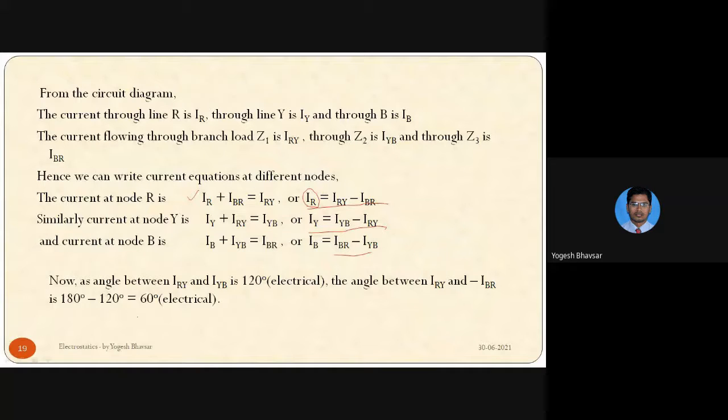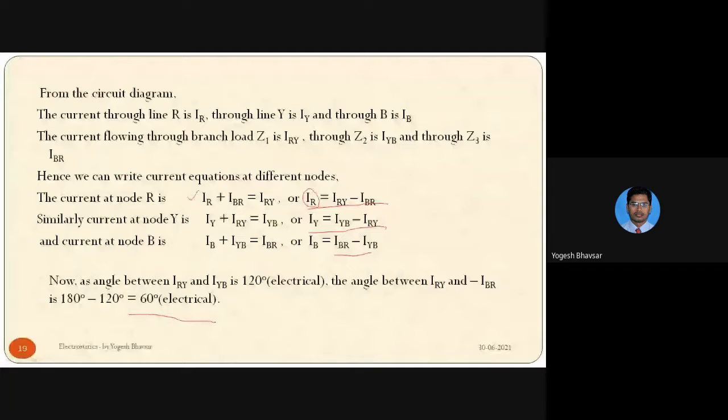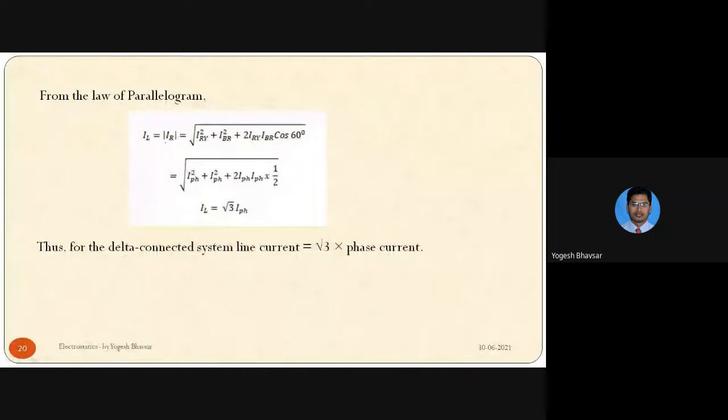Now again we have the same statement that the phase difference or the angle between any two phase currents is 60 degree. And then from the law of parallelogram, considering any of the parallelograms, we have IR is equal to under root of IRY square plus IBR square plus 2 times IRY IBR cos of 60.